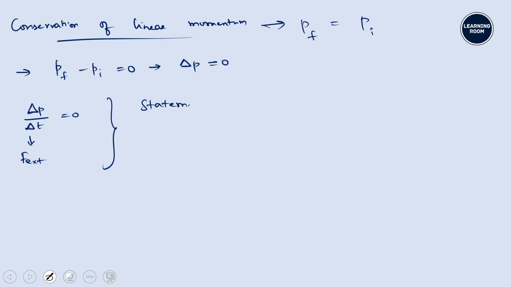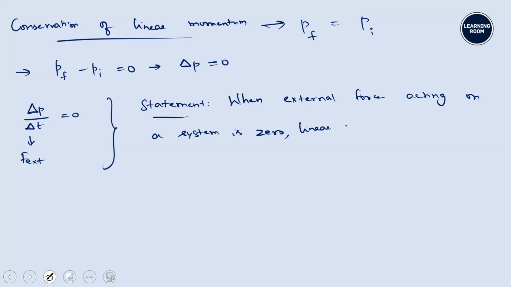What is the statement here? When the external force acting on the system is 0, what do we say? Linear momentum is said to be conserved.